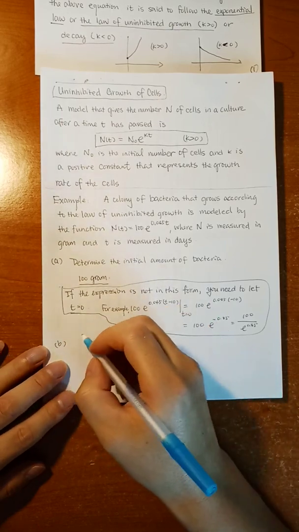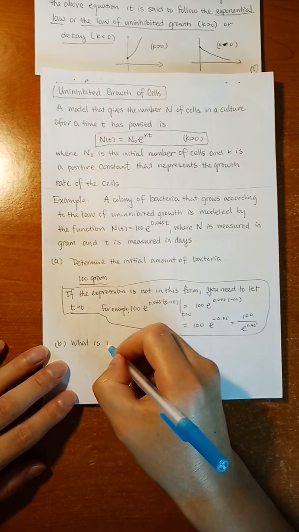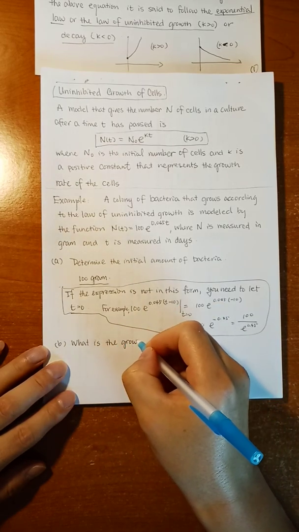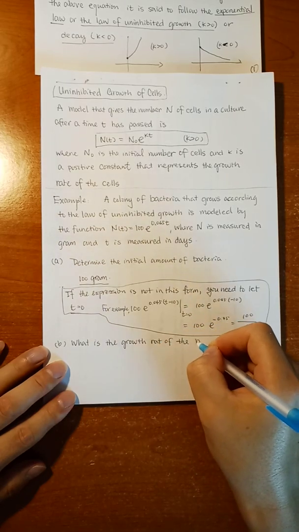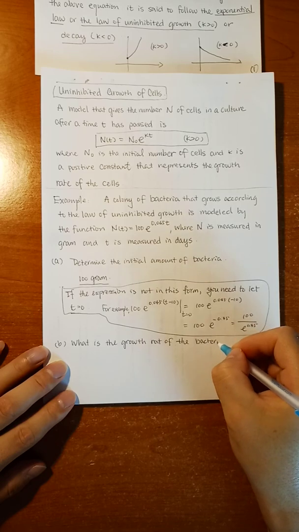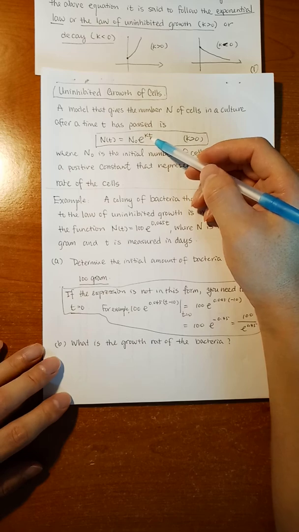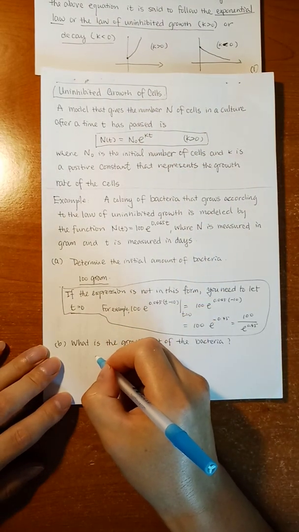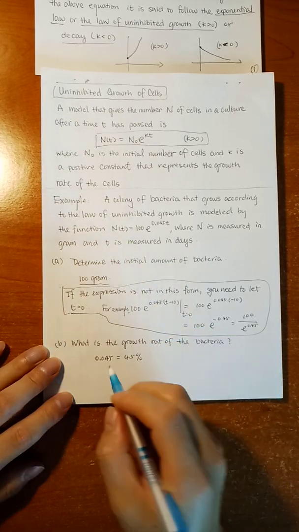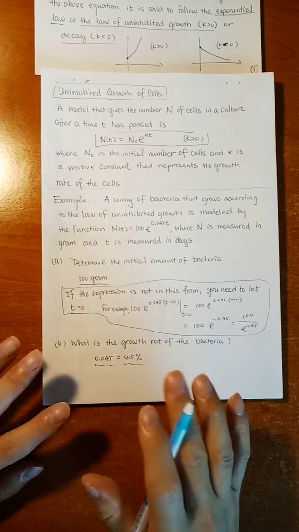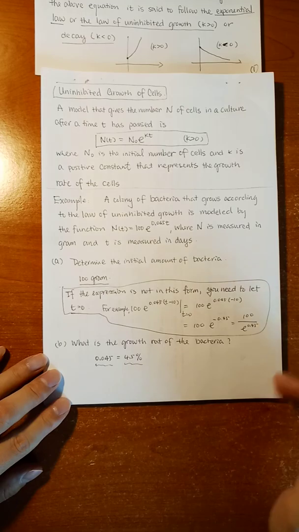What is the growth rate of the bacteria? The growth rate of the bacteria is the coefficient of t, 0.045. It's 4.5%. Well, either way, you can just write this, or you write this. It doesn't matter. You don't have to change it to the percentage. Okay? You don't have to do that.